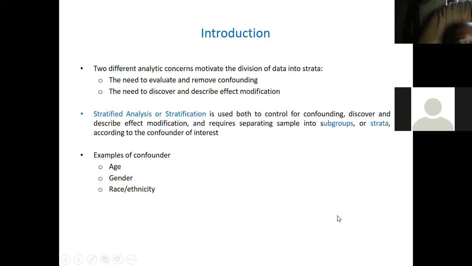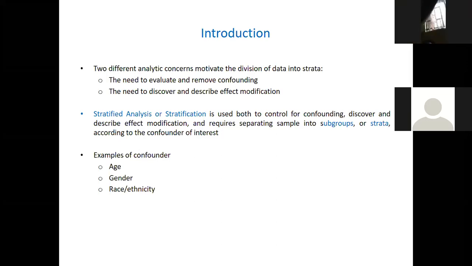Two different analytic concerns motivate the division of data into strata. When you divide data into strata, you say stratified analysis. It just means that you divide the data into different groups and analyze them separately.